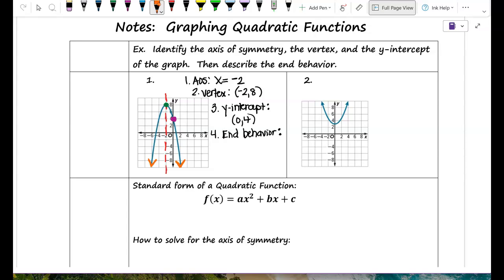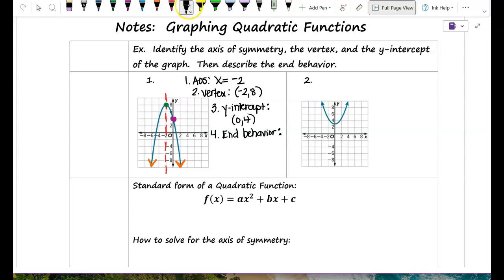The good thing about a parabola, the left and right hand side of the function is always going to be doing the same thing. Now, again, this idea of end behavior isn't just for parabolas, it's for all kinds of functions, so it could be different. But the good news for us, it's always going to be going in the same direction. It's either going to be rising or it's going to be falling.